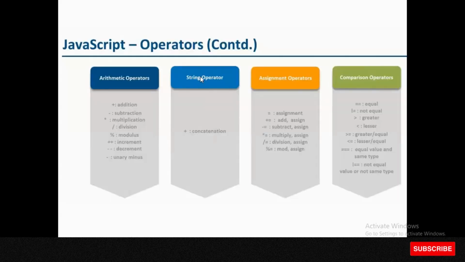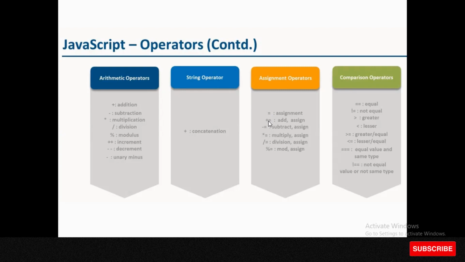Next is the string operator, which is already covered. Let's move on to the next type of operator, the assignment operator, of which we have already discussed equal to. Whenever we declare a variable abc and we say equal to, that means we are assigning a value that abc will now hold. So what is this plus equal to?